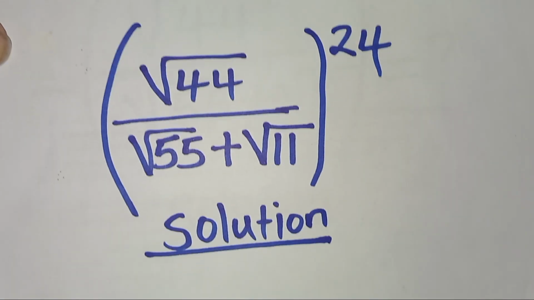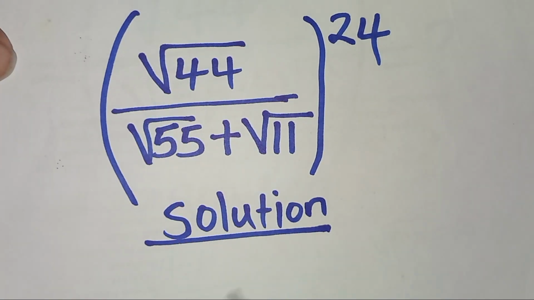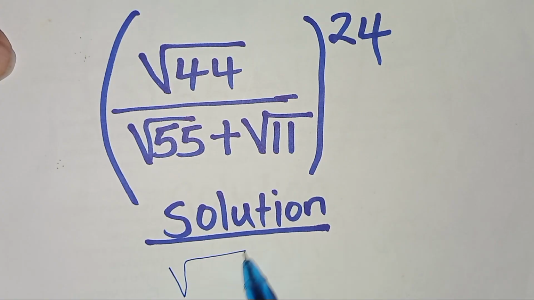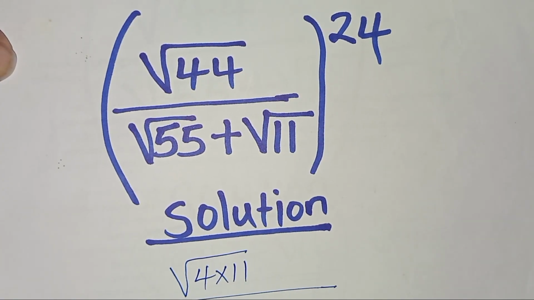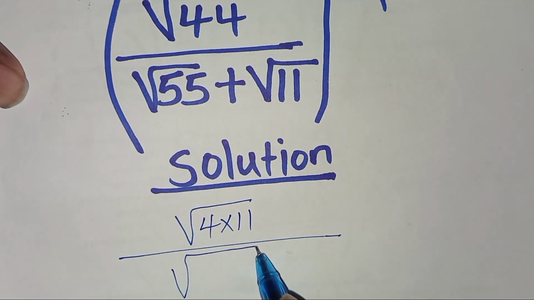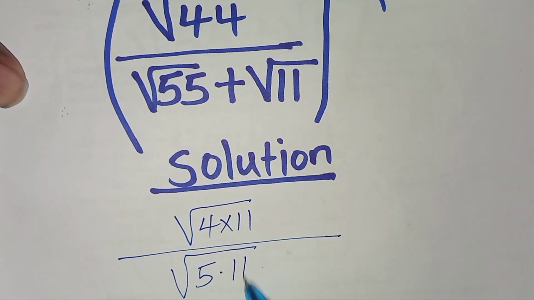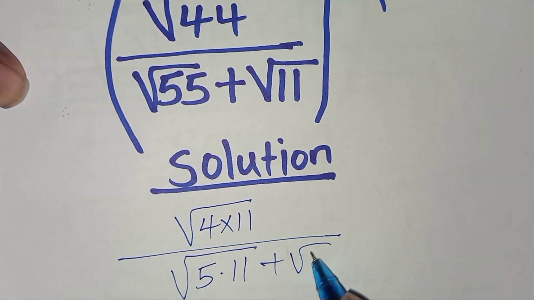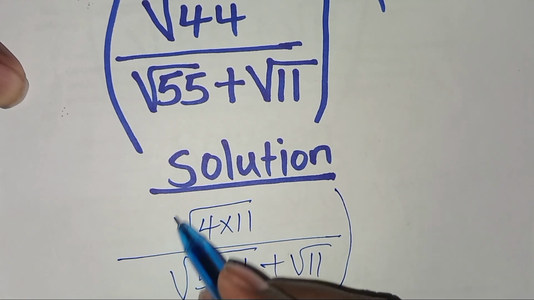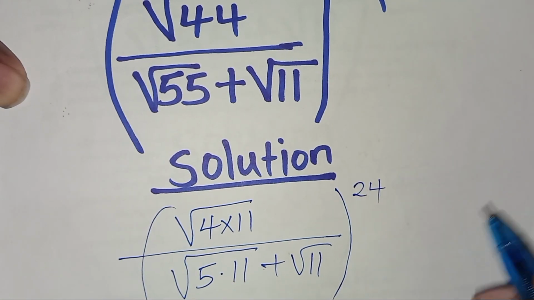Now, for the solution here, we can express the square root of 44 as the square root of 4 times 11, divided by the square root of 55, which can be expressed as 5 times 11, plus the square root of 11, all raised to power 24.